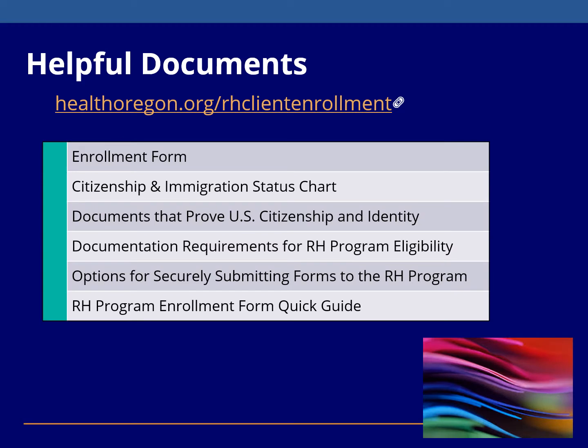Before we get started, this table lists a few documents that might be helpful to have in front of you as you watch this video. They can all be found on our client enrollment webpage, which is healthorg.org/RH client enrollment. Feel free to pause the video at this point and get these documents before moving forward.